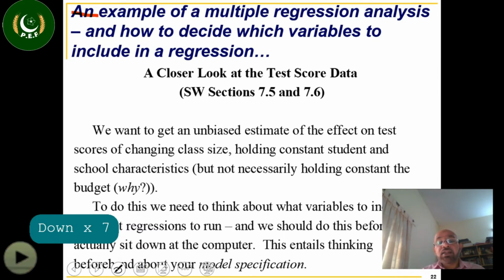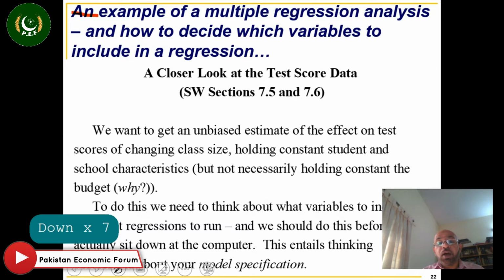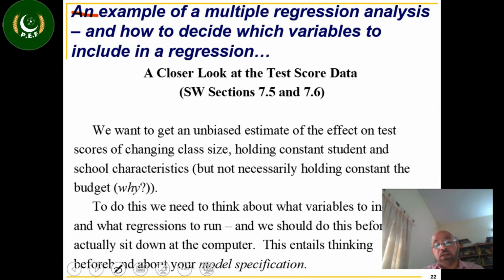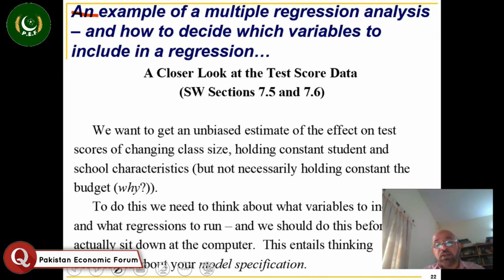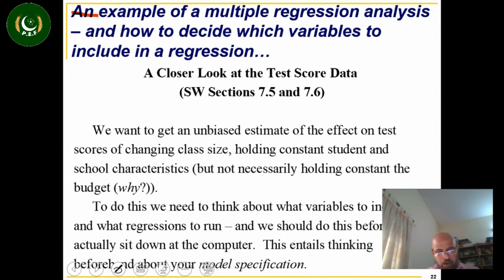We have discussed in chapter 6 that there are two conditions for including a variable. It should be a determinant of y and it should be correlated with x. And now we are going to discuss what a base specification is and what alternative specifications are. Before you go for computing, please sit down, take pen and paper, and decide what to include, why to include, and what my control variables should be.